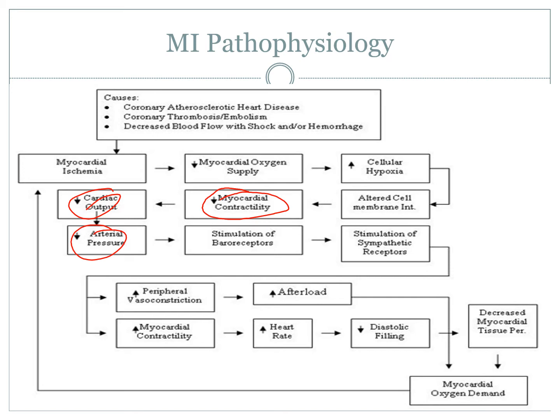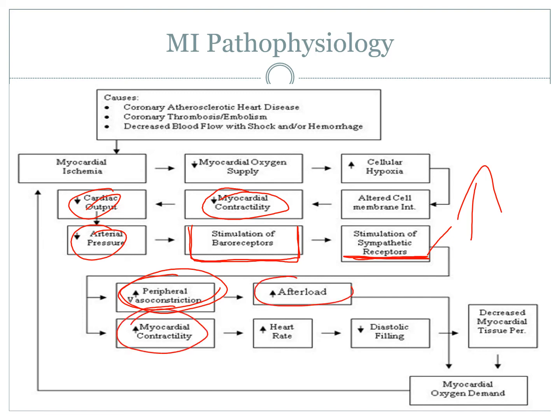The body will do what the body does: the baroreceptors will detect low blood pressure and stimulate a sympathetic response. The release of adrenaline and noradrenaline will increase peripheral vasoconstriction and myocardial contractility, which in turn will increase afterload.